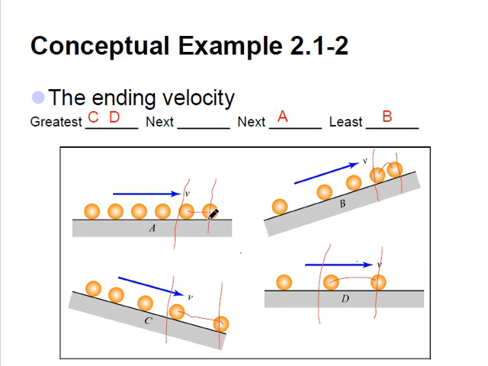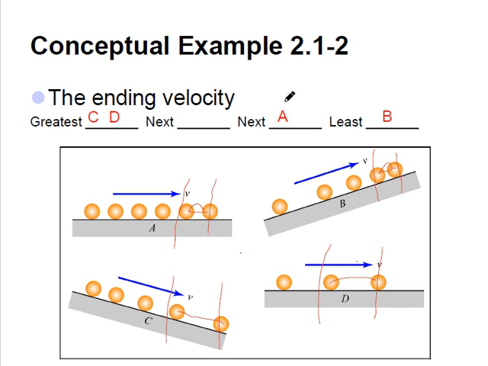So A, but not as close as that. So B has the least ending velocity because this movement is small. This one has a bigger gap than that. So your delta S is bigger than this, therefore your velocity is bigger.